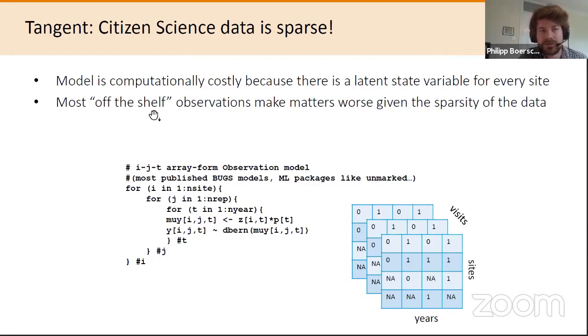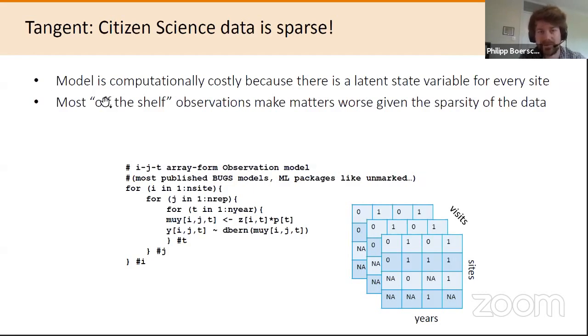And a lot of the modeling software for occupancy modeling and similar things comes from a design survey approach. And this model that I've been describing is computationally costly in the first place because we have a latent state for every location that we have data for. And if you use traditional site by year by visit occasion arrays, you create really, really huge data structures.